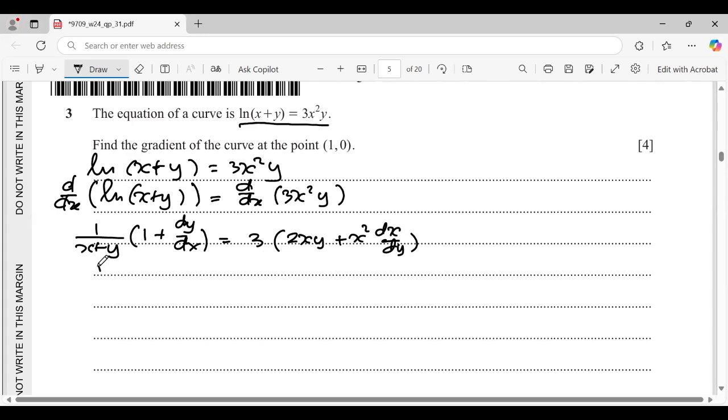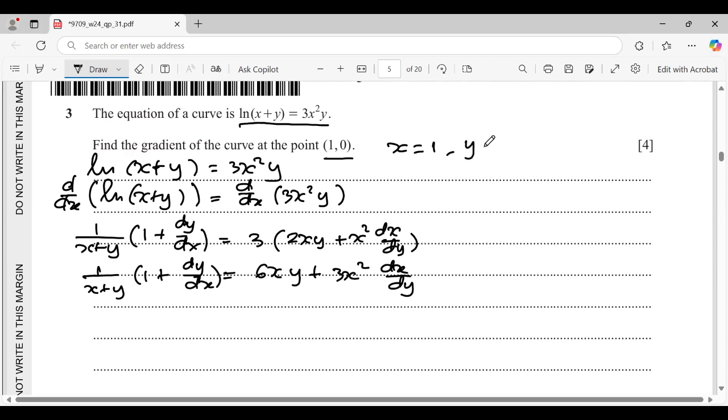And after that, 1 over (x plus y) times (1 plus dy/dx) equals 6xy plus 3x squared dy/dx. And after that, plug in the coordinate point, this one, (1, 0). So x is 1, y equals 0.